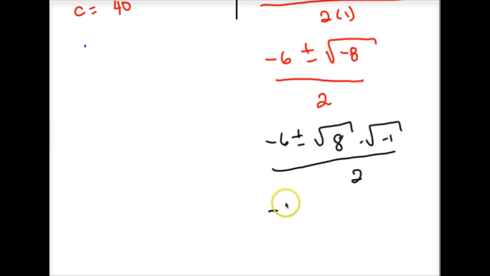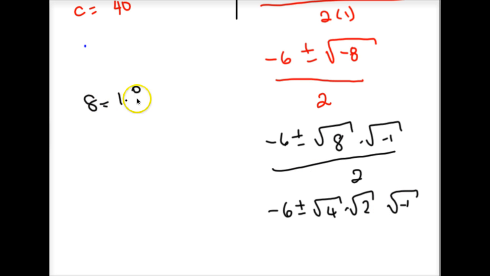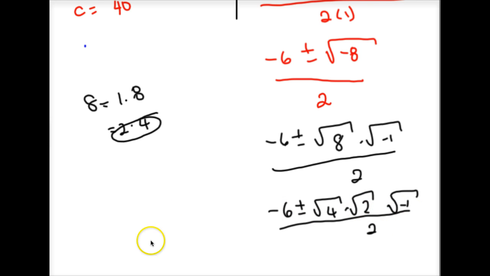This is negative 6 plus or minus the square root of 4 times the square root of 2, and then bring this down. Factors of 8 are 1 and 8, 2 and 4, and that's it. And this is the one that I'm going to use because 4 is a perfect square. All of this goes over 2.